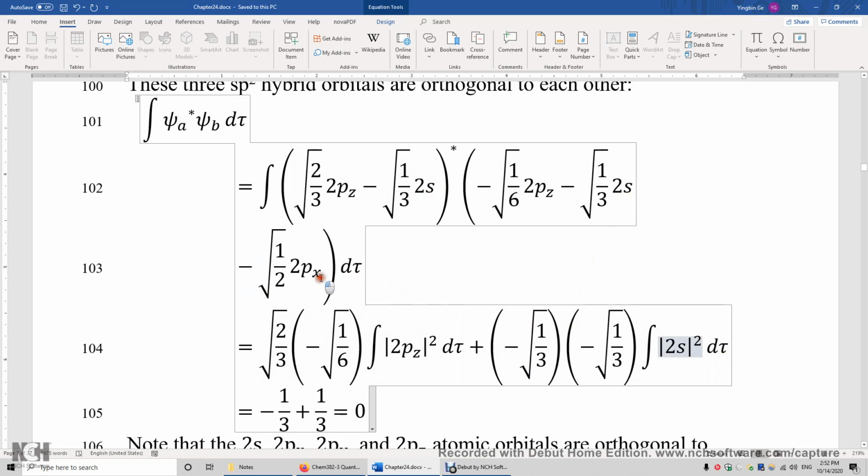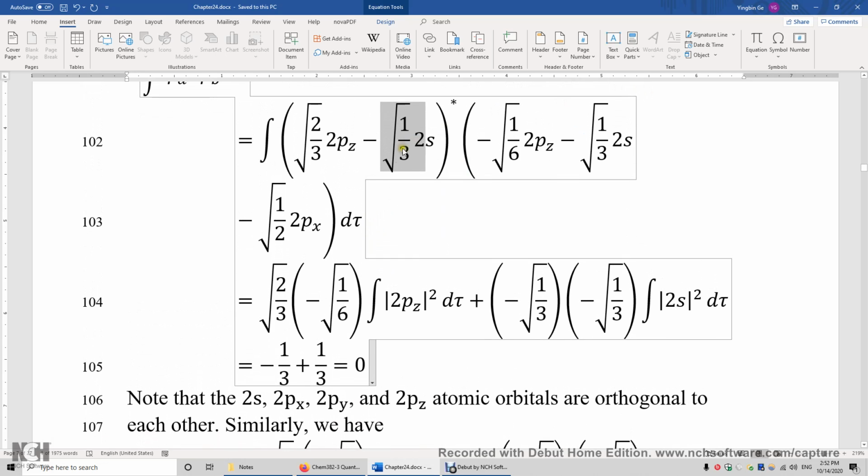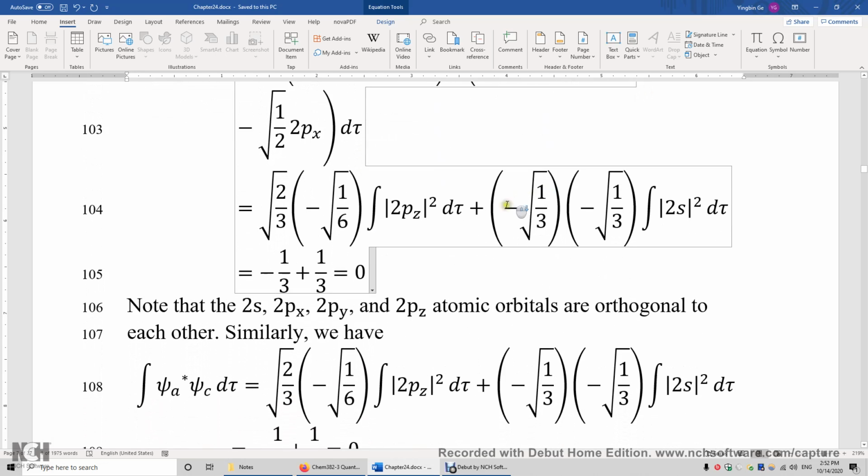Alright, 2px, you cannot find another 2px. So this guy times this guy, and then you integrate the product, you get 0. The integral of this guy times this guy is also 0, so don't worry about it. The cross terms are also 0. And this is 1, alright? So because 2pz is normalized, this is 1.